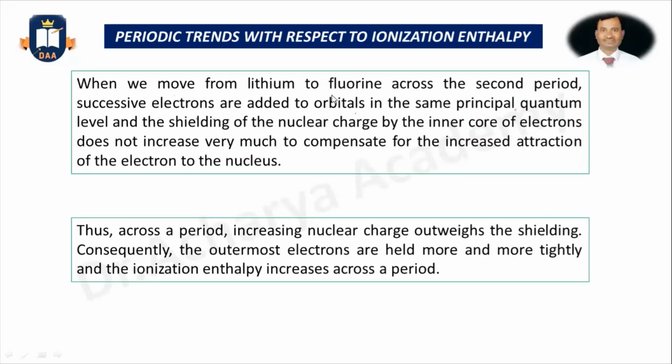When we move from lithium to fluorine across the second period, I already showed the figure. Successive electrons are added to orbitals in the same principal quantum level, and the shielding of the nuclear charge by the inner core of electrons does not increase very much to compensate for the increased attraction of the electron to the nucleus.